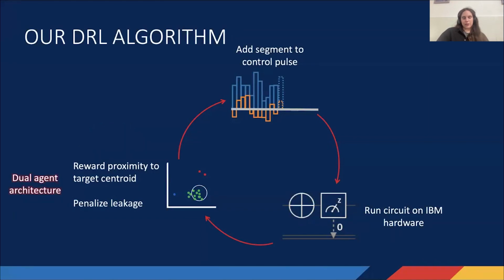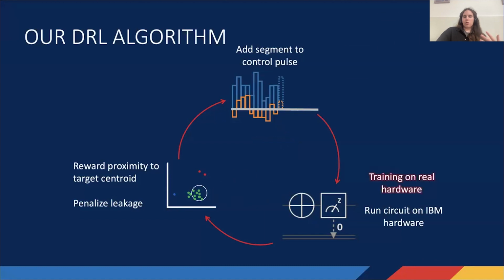There are 2 agents in my architecture, one to deal with the regular pulse and one to try and reduce leakage. And as I mentioned, we also now have the option for real-time feedback, so I can build my pulses quickly. Now that's nice, but it's a bit challenging to just start from scratch and train your agent to build a gate.